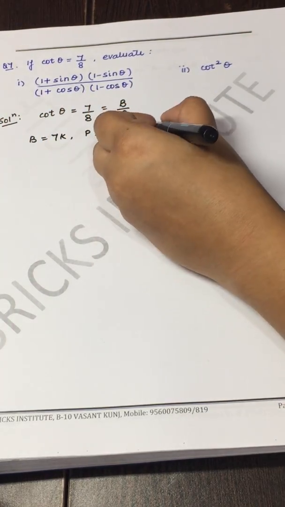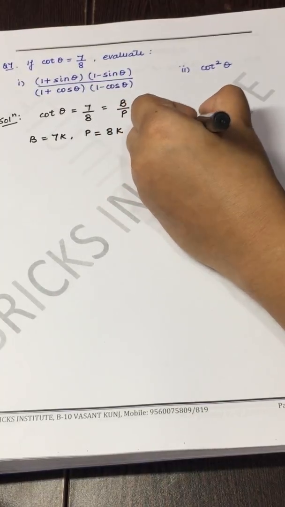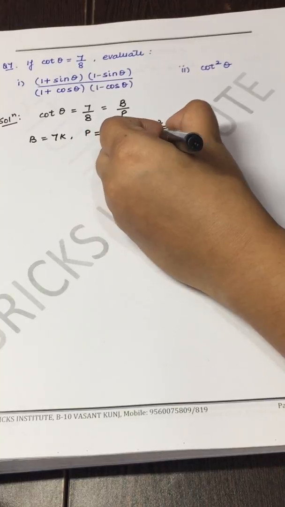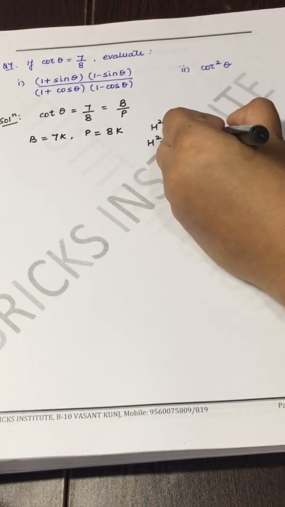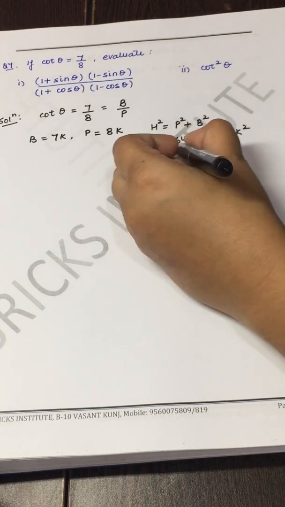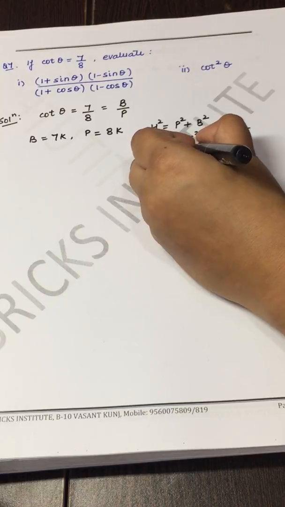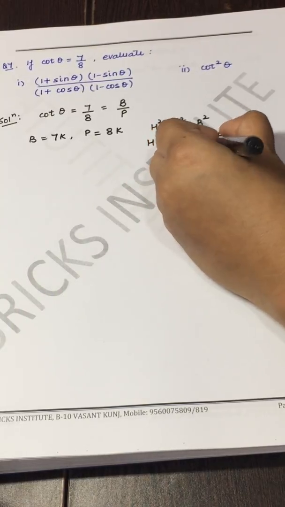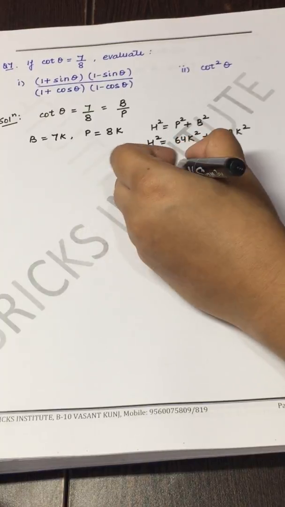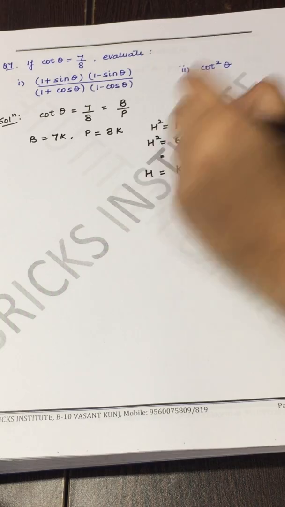Let's calculate H. H square is equal to P square plus B square. So H square is equal to 64K square plus 49K square, which will give me 113K square. So H is equal to K root 113.